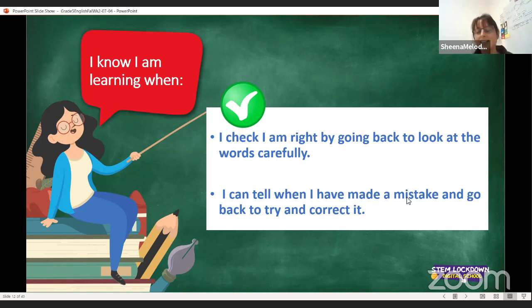Yes, that's exactly what you do. You go back, you look at the words carefully, and if you hear that a word doesn't sound right... Some of us, when we go back, we still don't understand the word. Okay, that's what I'm going to teach you now. Don't worry, we're getting there. That's a good question. Hold on to it because we are getting there.